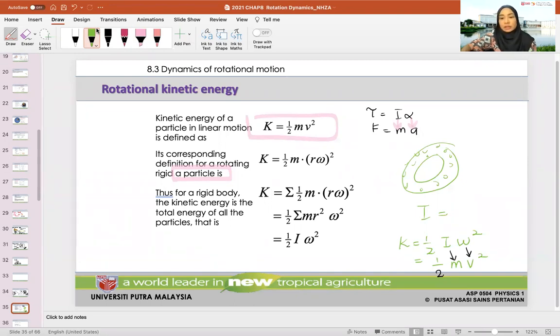Torque is equal to I alpha and force is equal to ma. We have K equals 1 over 2 mv squared, and the kinetic energy of a rotating rigid body is 1 over 2 I omega squared. So I is m, omega is v. If you don't want to memorize this equation, you can just memorize the linear form and change it like what I did just now.